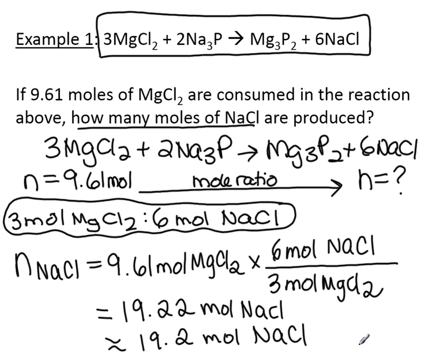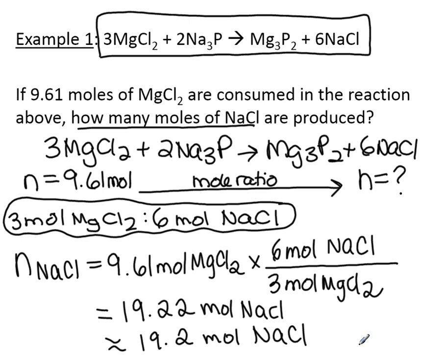So this is how you would use a mole ratio to calculate from one type of moles to another. But usually in chemistry we need to use masses, so most of the other problems that you'll run into will involve masses, and that's where the molar mass calculation will come into play.